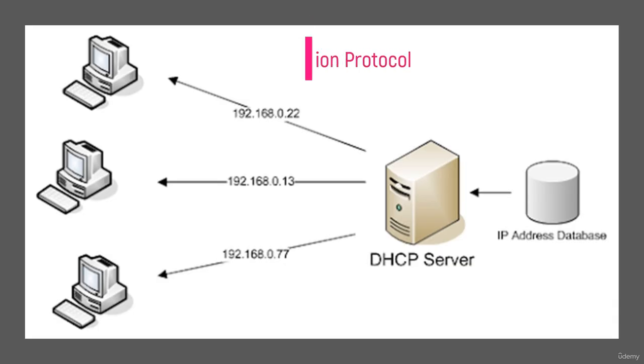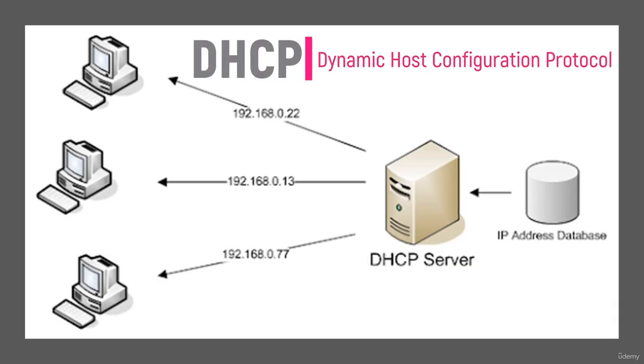So this is the Dynamic Host Configuration Protocol, DHCP. It's based on the Bootstrap protocol, BootP, and that provides a framework for passing configuration information to hosts on a TCP/IP network. So DHCP adds the capability to automatically allocate reusable network addresses and configuration options to Internet hosts.